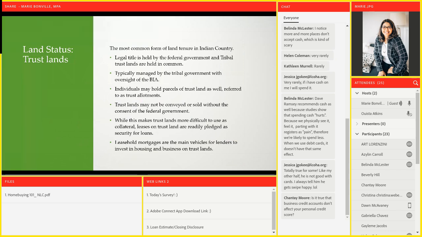Some people call it tribal realty. Each tribe has their own version of what it looks or sounds like. Make sure you invite them to your classes so that they can talk about the process, the application itself. Oftentimes, you have to go through the land management process in addition to the loan application in order to make sure that things flow and that you can have a timely transition to home ownership.